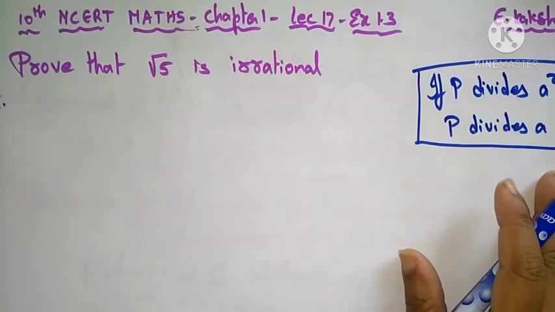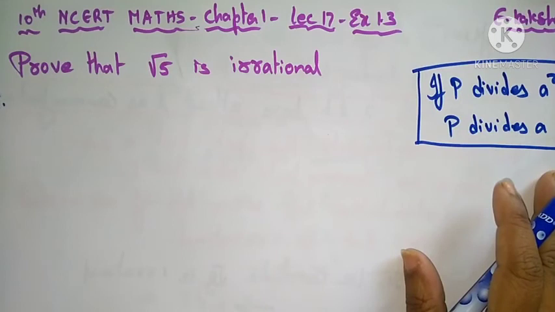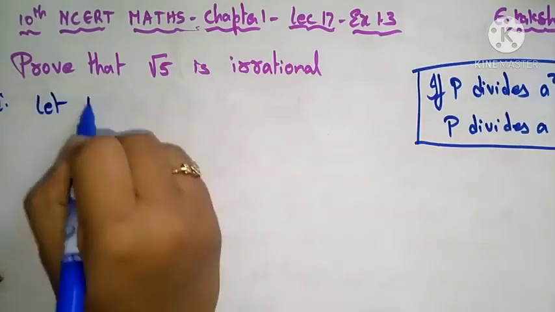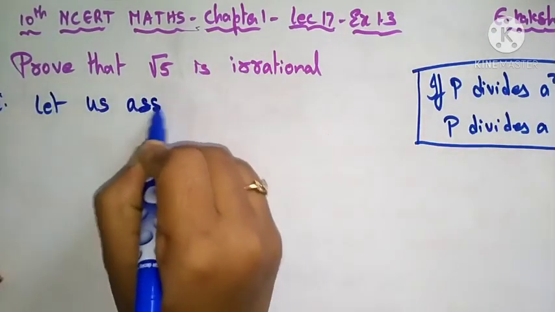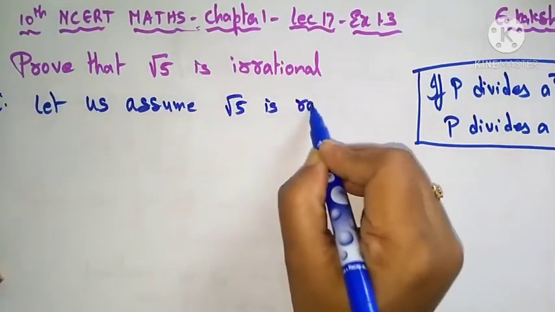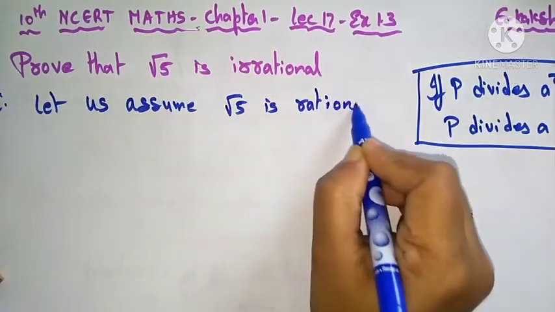The first thing, whenever you want to prove that the given number is irrational, is to assume the contradiction. Rather than irrational, proceed with the rational number. Okay, that is a contradiction. Let us assume root 5 is rational. Just assume that root 5 is rational.